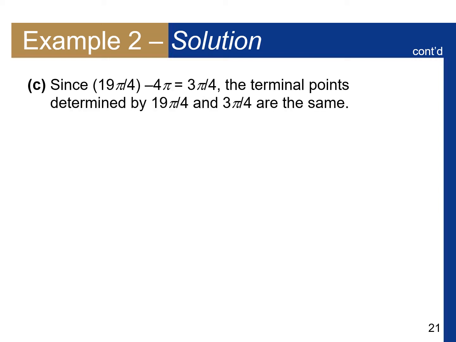Okay, since I have 19 pi over 4 here, I want to take a look at how many times it will go around my axes. Remember, 2 pi is all the way around. If I go once, that would be 2 pi. I go again, that would be 4 pi. If I subtract 2 pi, which is 8 pi over 4, away from 19 pi over 4, I have 11 pi over 4.